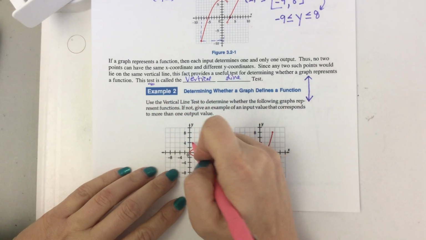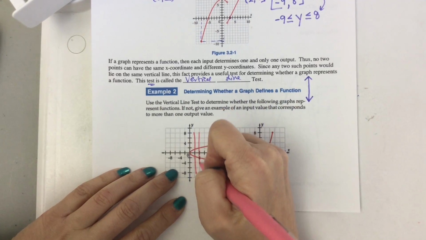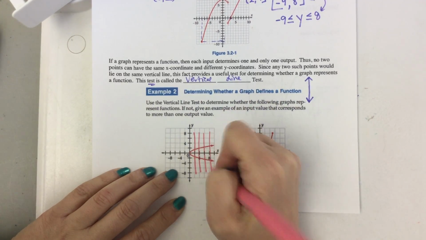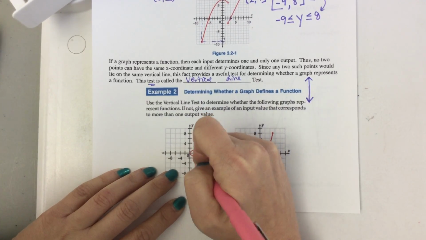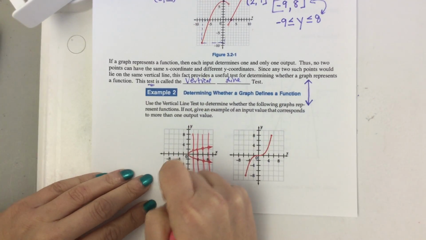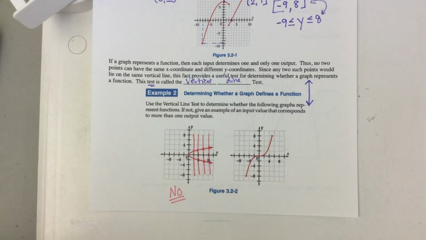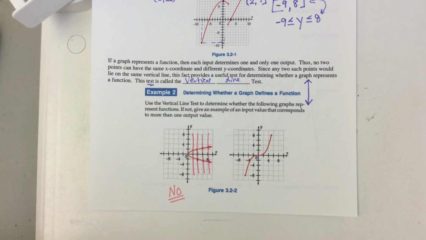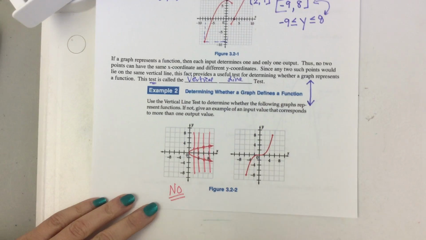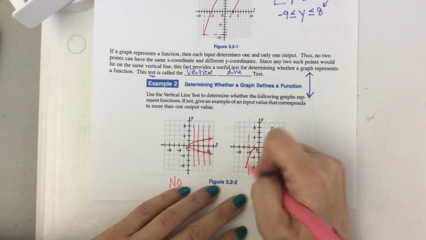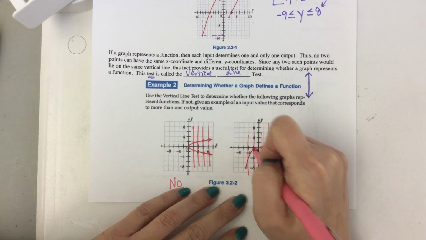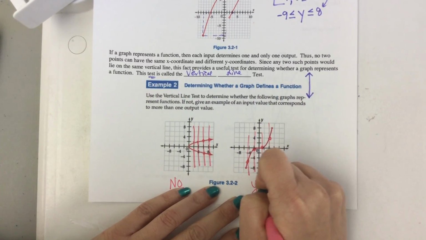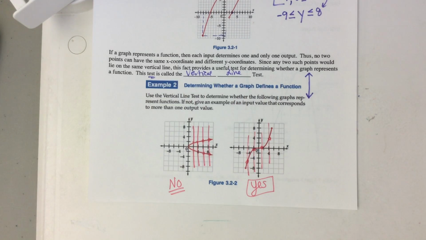So if I go ahead here and I draw vertical lines, notice this is not a function. The reason why is because every vertical line touches that graph at two places. So no, that is not a function. If it is a function, every single vertical line can touch at only one spot. Now, if I go here, touches once, touches once, touches once, touches once. Yes, this is a function.